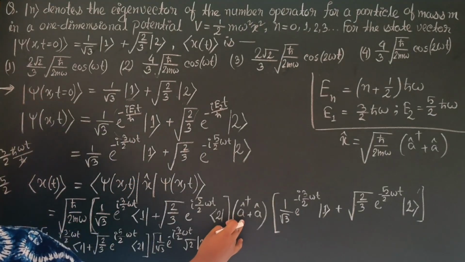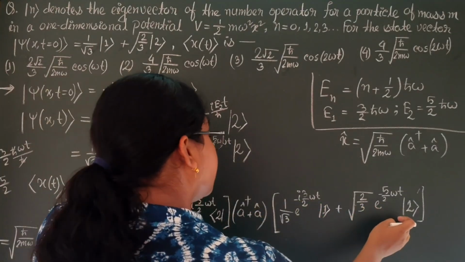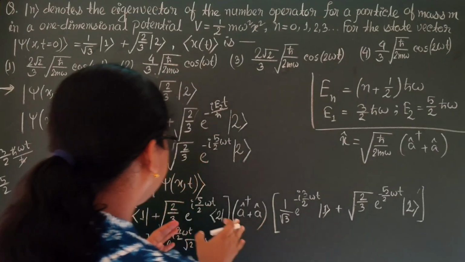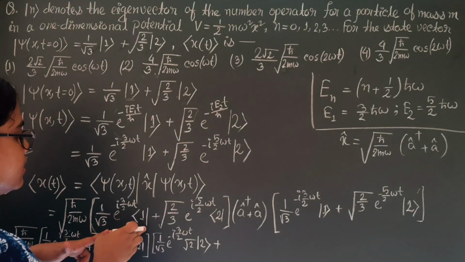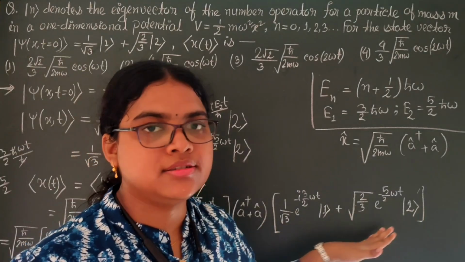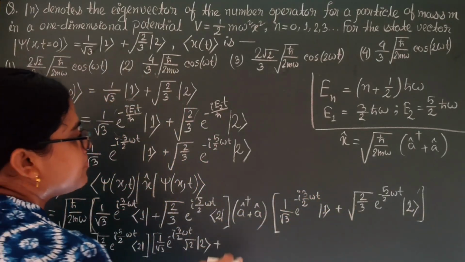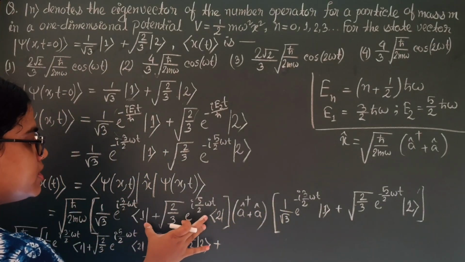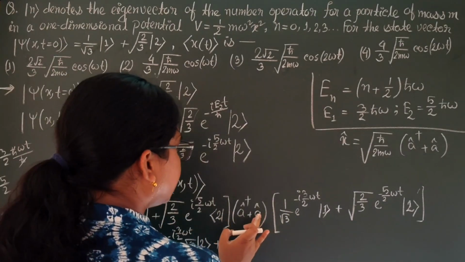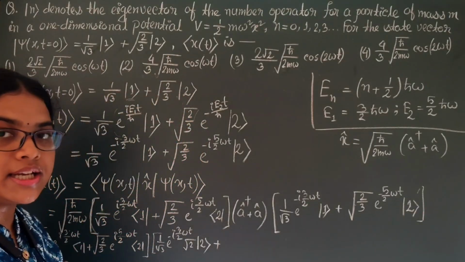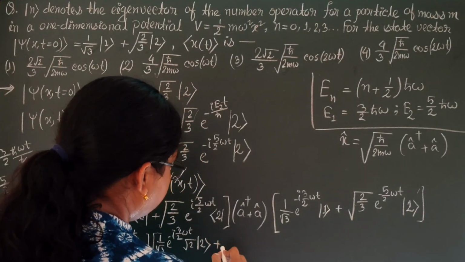When a dagger acts on state 2, it will give the state 3. Here in the bra there are only states 1 and 2, so this need not be in our calculation. When a acts on 1, this will give 0, but there is no 0 state here. And when a acts on 2, this will give state 1. So we will write only these states.